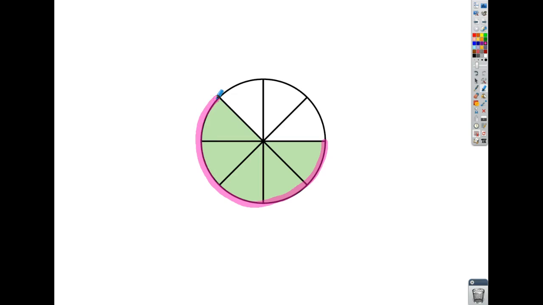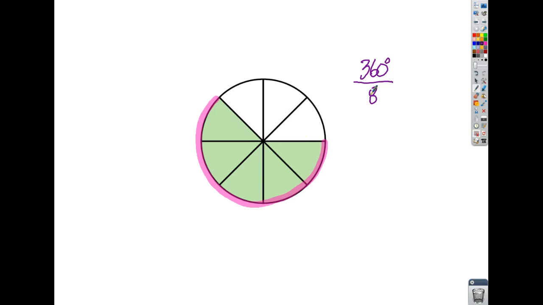All right, starting with 360 degrees, we have a bunch of segments here. How many has it been cut into? 1, 2, 3, 4, 5, 6, 7, 8. So it's been divided into 8 pieces. Well, 8 doesn't go into 360 very easily, so let's do a little math.